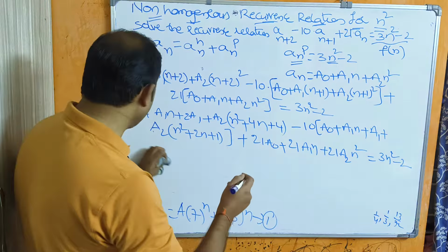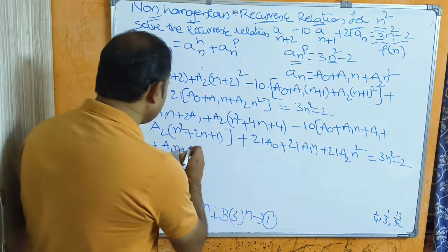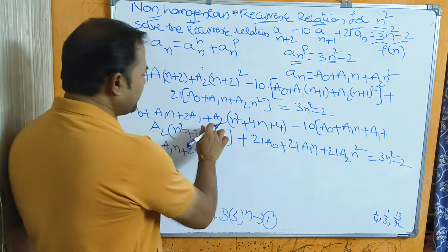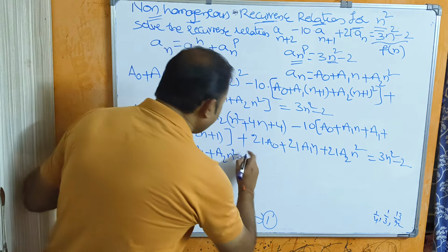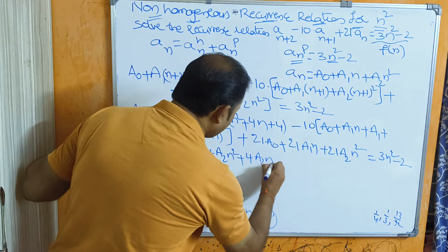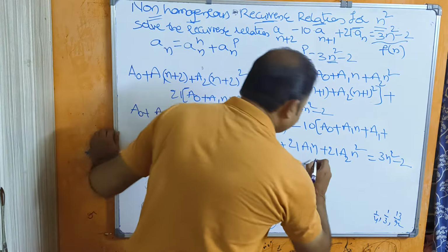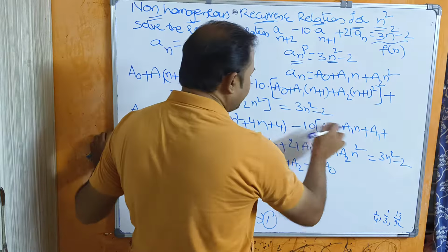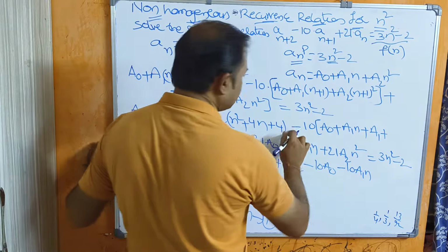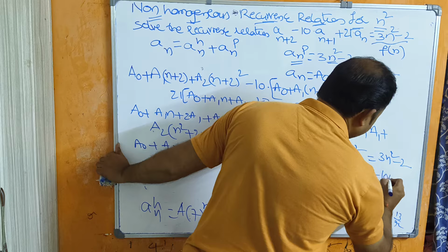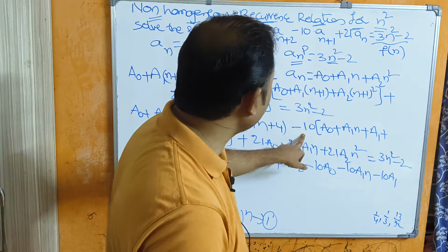Let us simplify further. So a naught plus a1 n plus 2a1 plus, multiply with a2, then we will get a2 n square plus 4a2 n plus a2 into 4 means 4a2. Minus 10 a naught, minus into plus means minus 10 a1 n, minus into plus means minus 10 a1, so minus 10 into a(n plus 1).